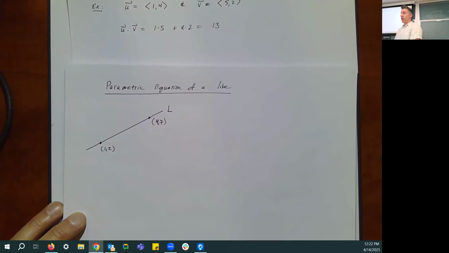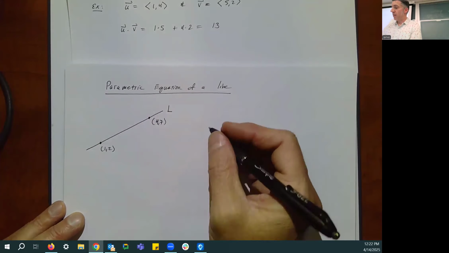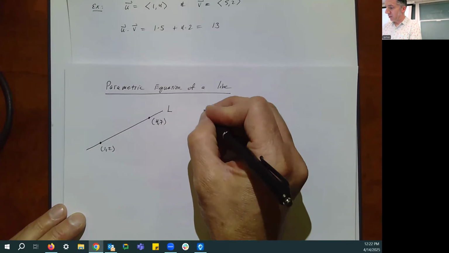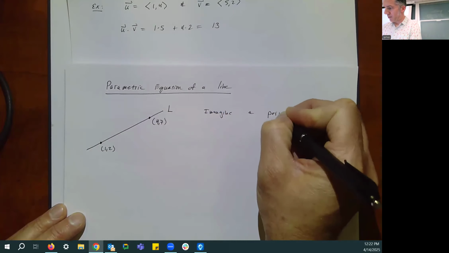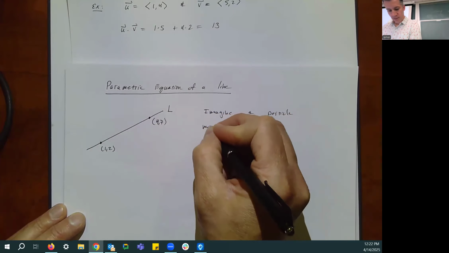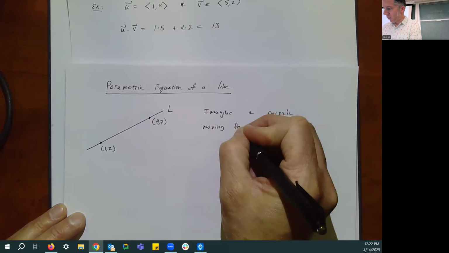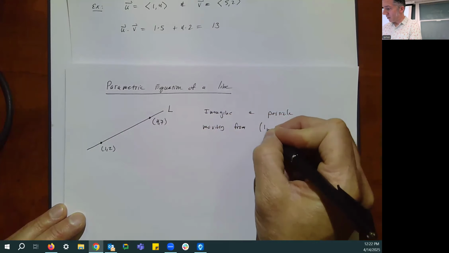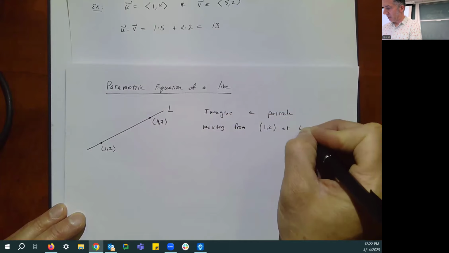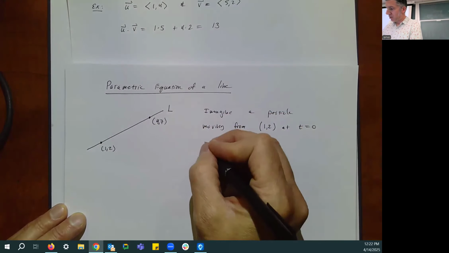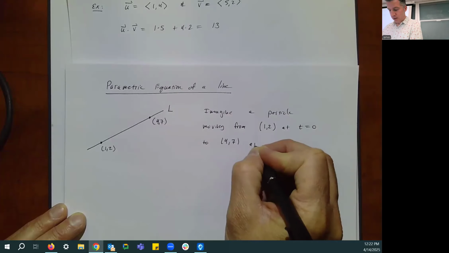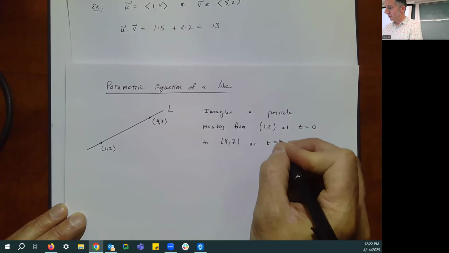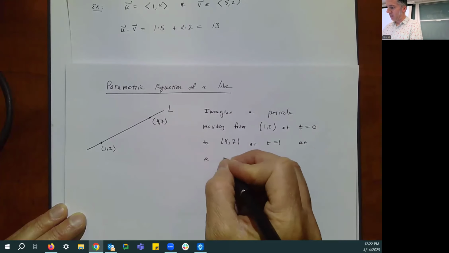Here's the way we write the parametric equation. We're going to imagine a particle moving along the line from the point, say, (1, 2) at t equals 0 to the point (4, 7) at t equals 1 at a constant speed.